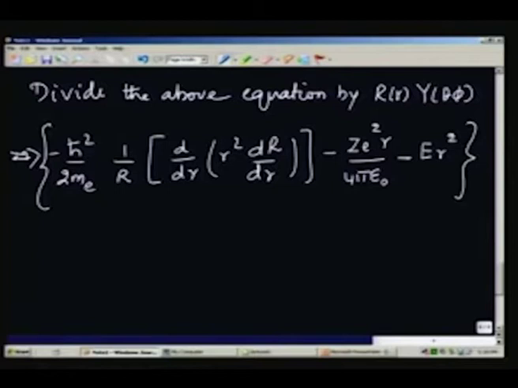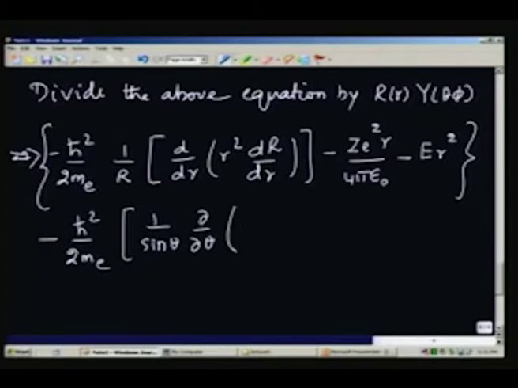depend only on r, and the leftover terms are minus h bar square by 2me, 1 by sin theta ∂/∂θ (sin theta ∂Y/∂θ).